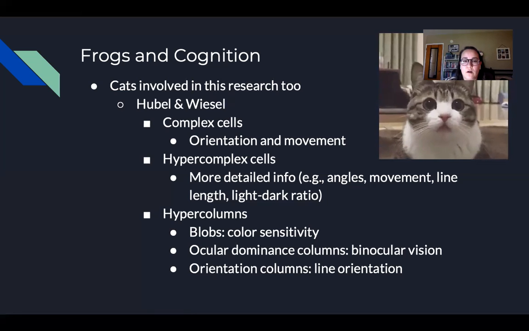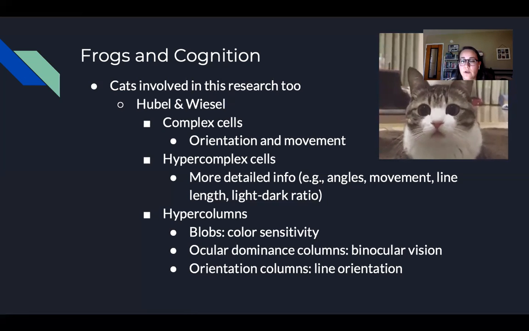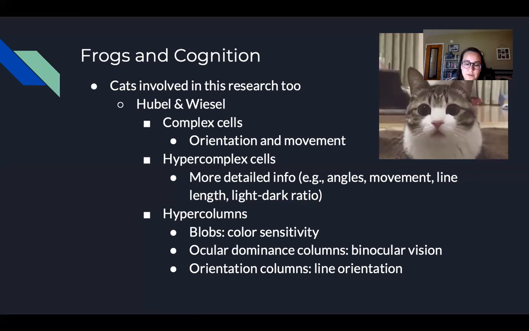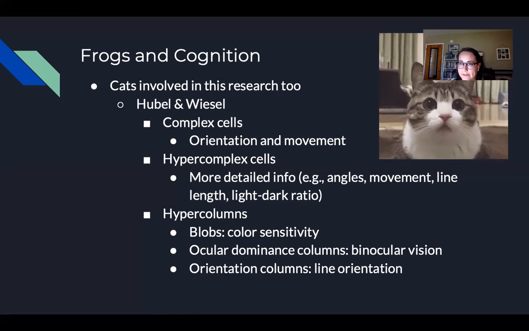Also within these hypercolumns, so this organization of cells within the brain that are involved in visual processing, there are cells called ocular dominance columns. And so these are the cells that specifically allow us to have binocular vision, so being able to see out of two eyes and then integrate that information. And then the final piece of these hypercolumns, these stratified columns of neurons in the brain, are these line orientation detectors that they just simply called orientation columns.